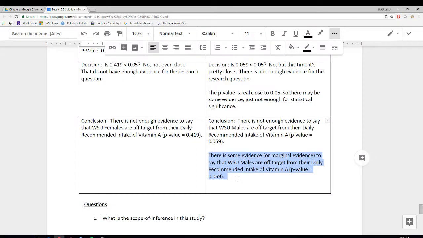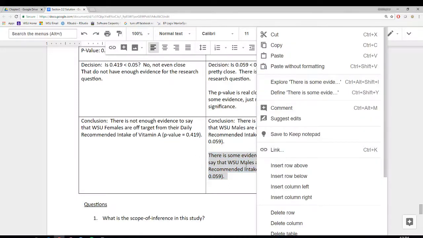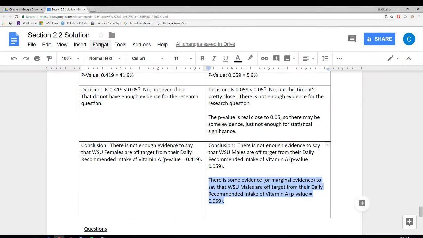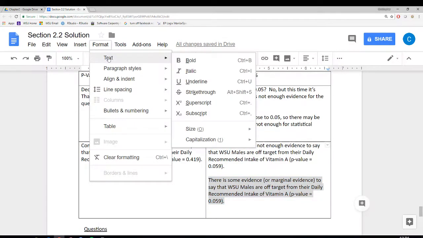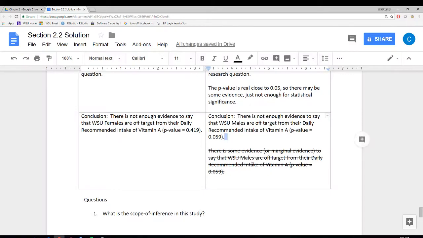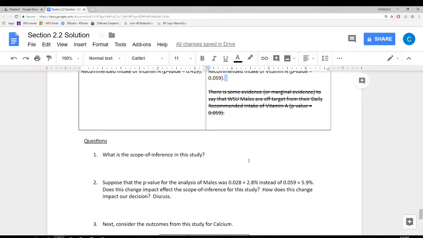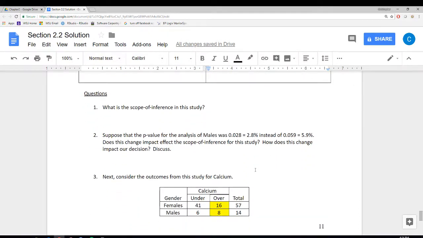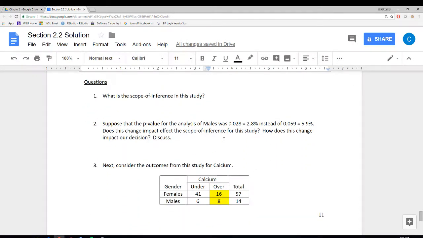We really stick to our 0.05 threshold here. So I'm going to take that statement that I just made and do a strike through on that because we really don't allow ourselves to make those types of statements. Okay, let us consider the following three questions here to finish out this section.